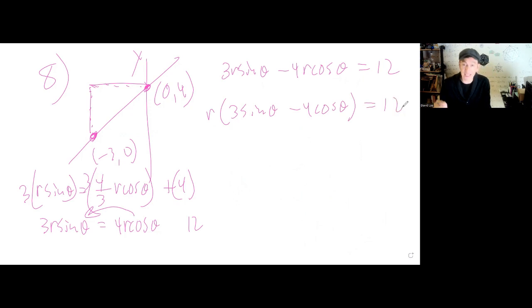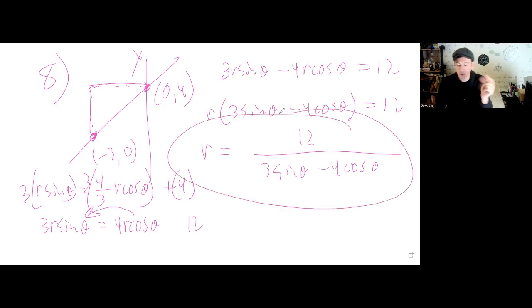So r is outside alone, and then to get r alone, you divide both sides by the parentheses. So r would equal this here. And on Desmos, if you typed in our equation from rectangular and this equation in polar, you would get one graph, not two, because they are the same thing, just in different languages.